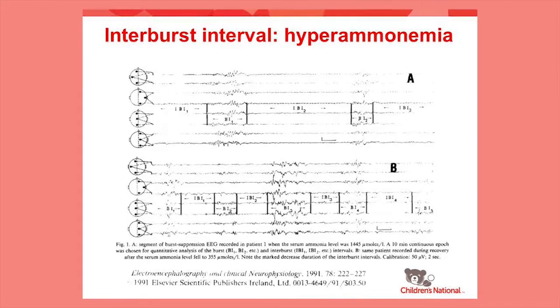So you have a lot of activity and then nothing and then a period of other activity. The length of the burst and the interburst interval were correlated with the degree of hyperammonemia. The worse the hyperammonemia, the longer it was between bursts and the longer the bursts were. This is another marker of the effect that the ammonia has on the brain in these patients.